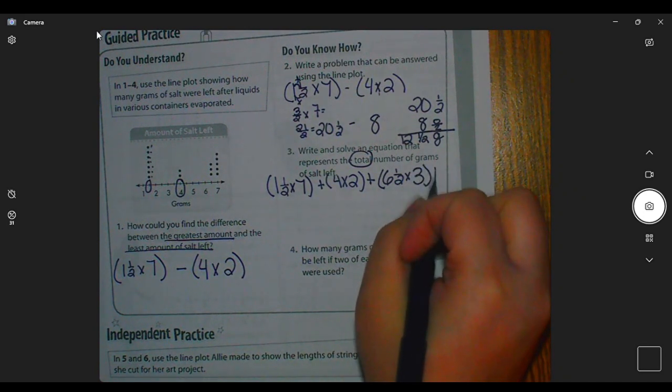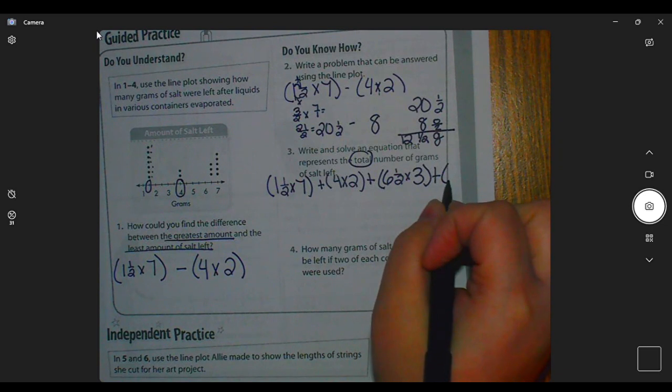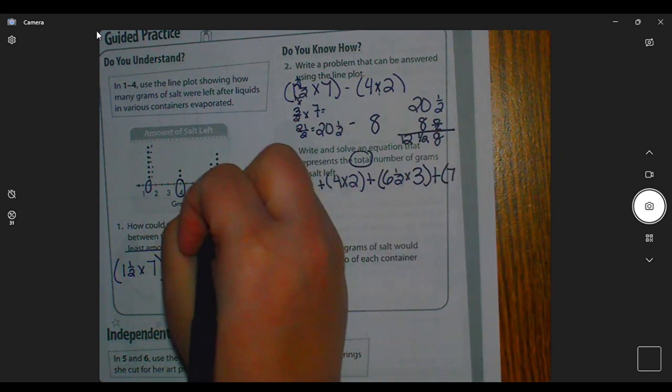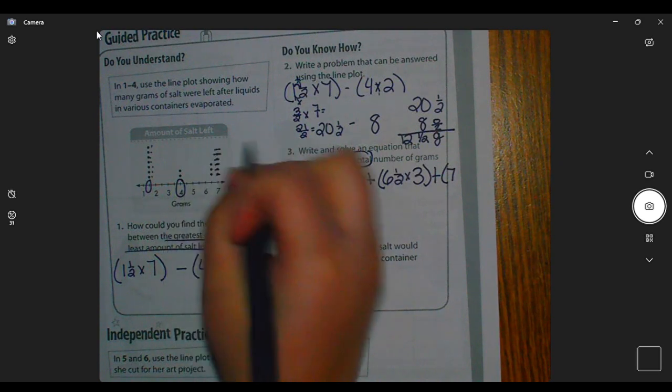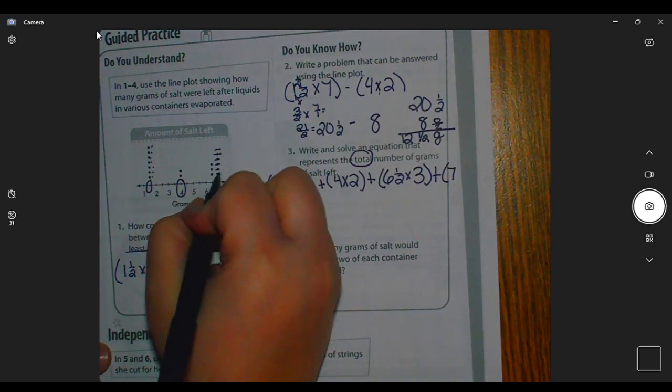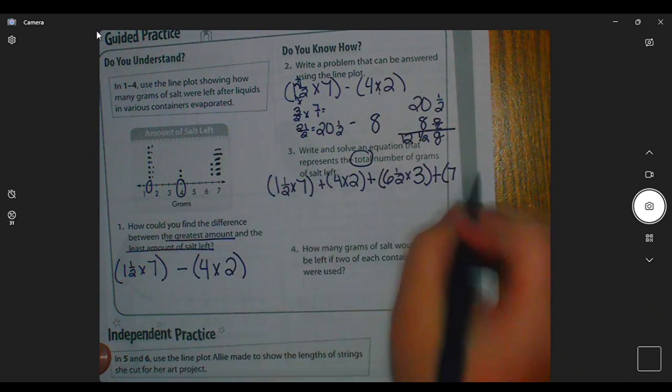And then my last value is 7. And I have 1, 2, 3, 4, 5, 6. Did I go too far? Let's double check. 1, 2, 3, 4, 5. I went too far.